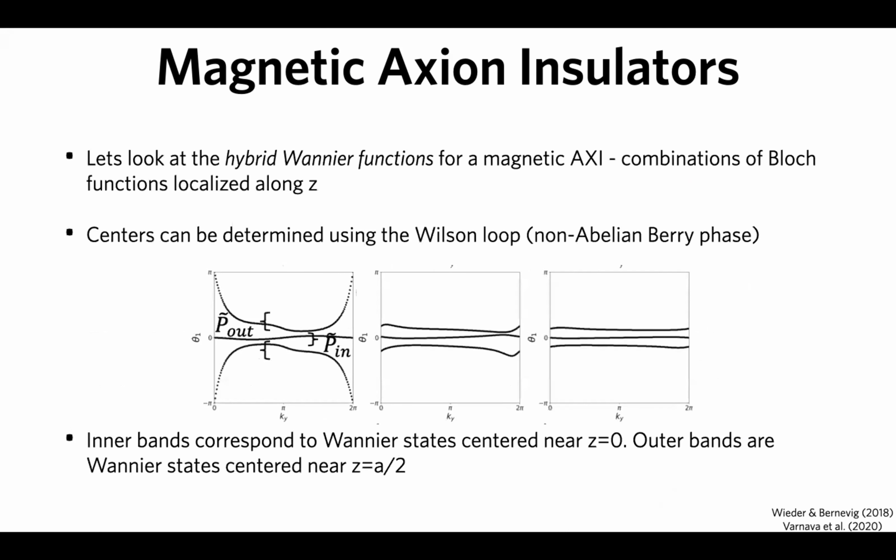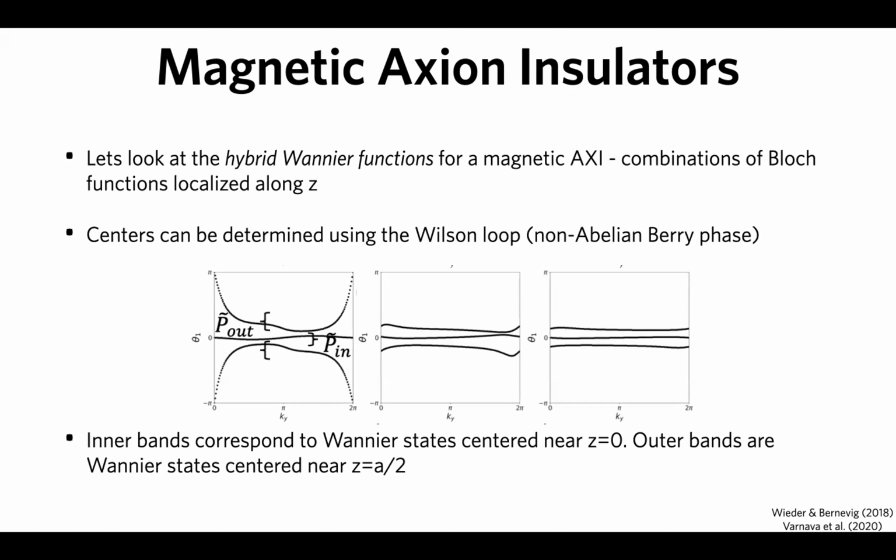By looking at the hybrid Wannier states, we can actually come up with a much more concrete picture of where this half-integer surface Hall conductivity is coming from. We can take a tight binding model for a magnetic higher-order topological insulator, and we can compute its Wilson loop and look at the hybrid Wannier centers.